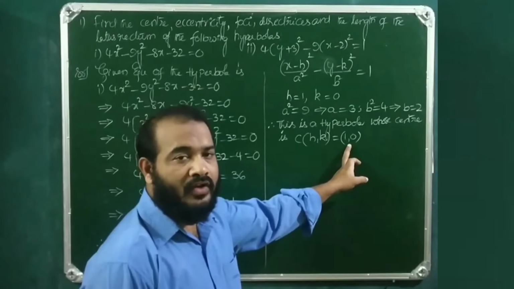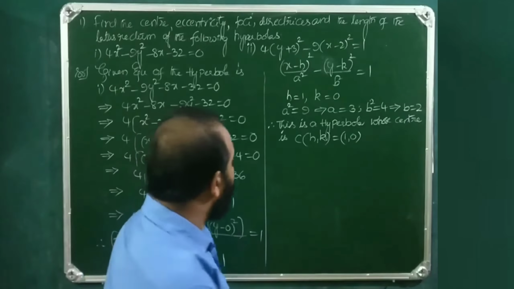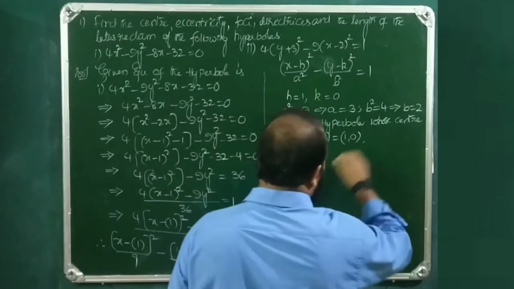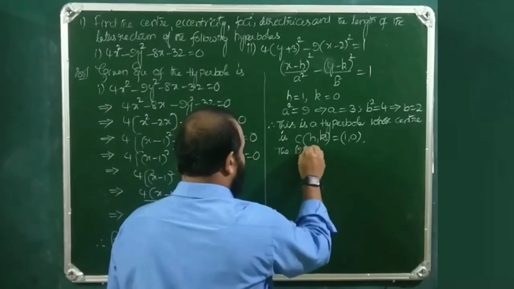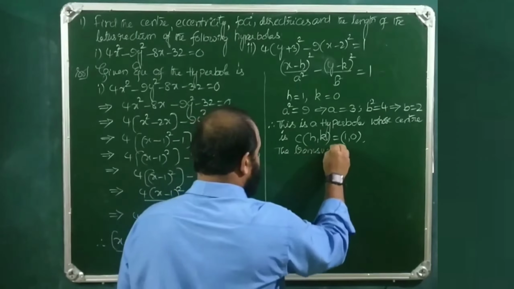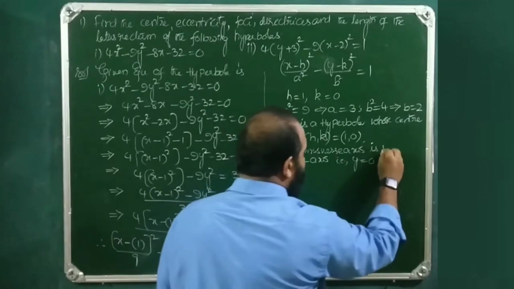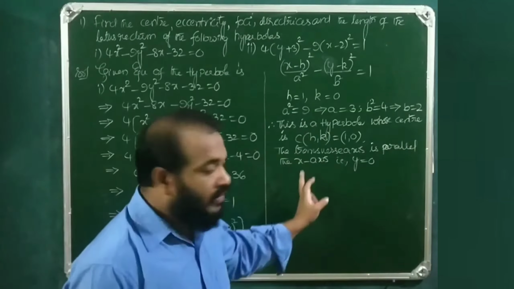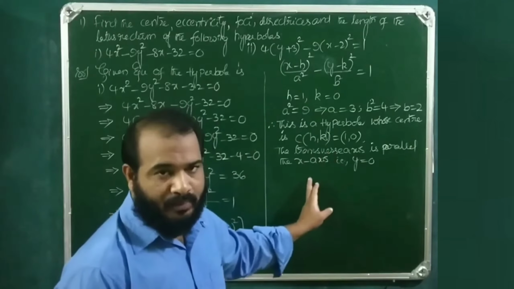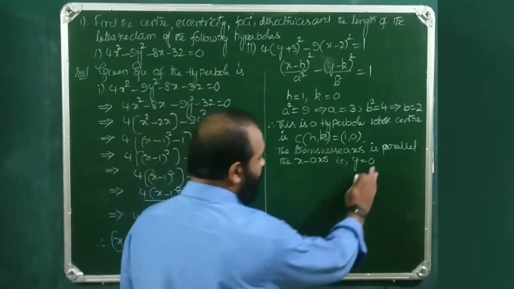Shifting of the origin has taken place here, and the transverse axis is parallel to the x-axis, because this is not the standard hyperbola whose center is at the origin. So this is y equals k.